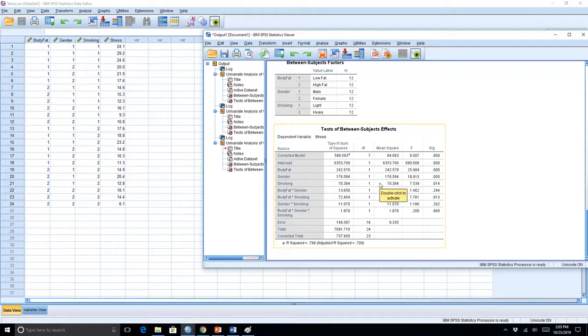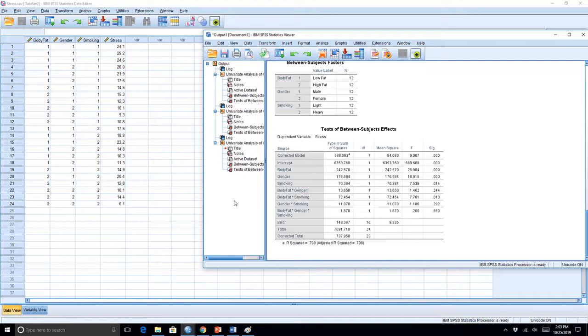So if you're going to do any of your tests for assumptions, do that before this, but don't make graphs or do post hoc tests until you have the final model because it could change and then you just get all this output you have to mess through.